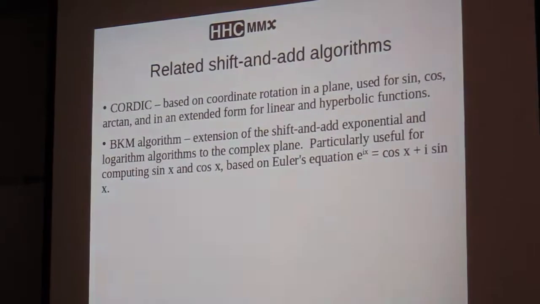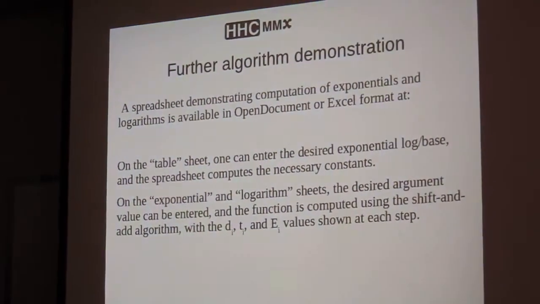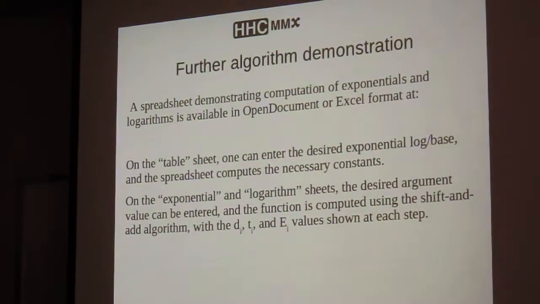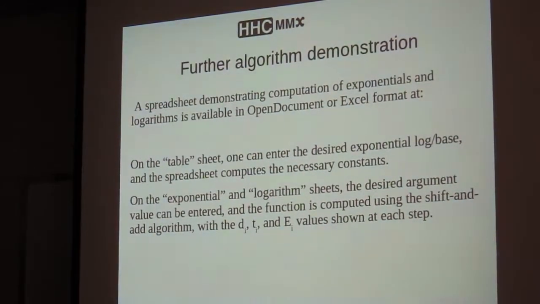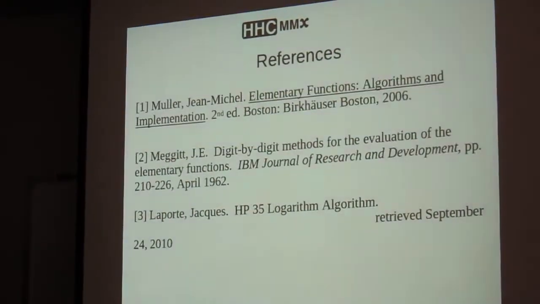It has some advantages over CORDIC, although it needs larger tables. I've got a spreadsheet on my website that shows how this works, all the iterations to compute this to 12 decimal places for values that you can enter into the spreadsheet.